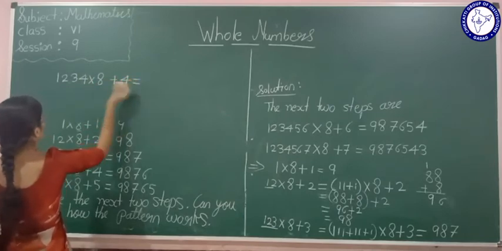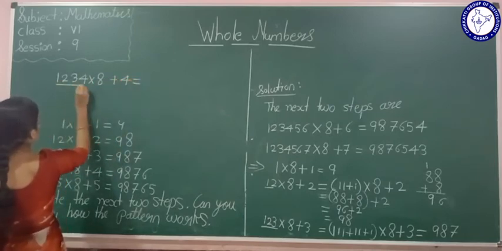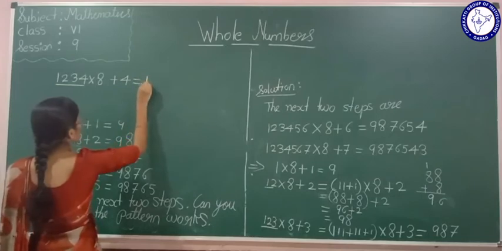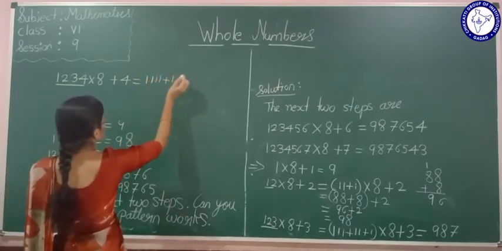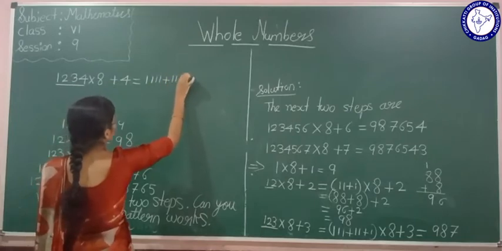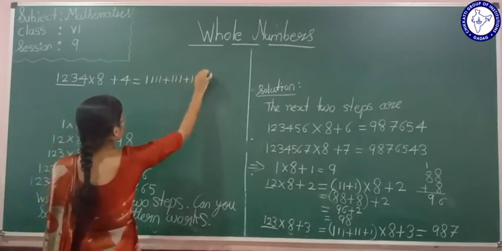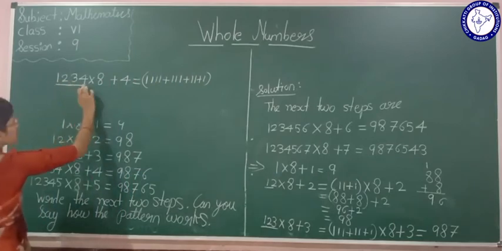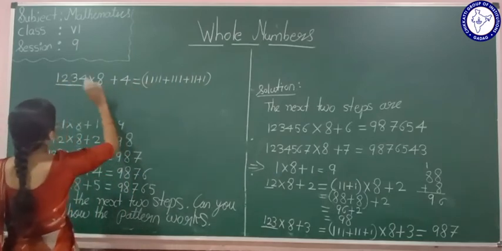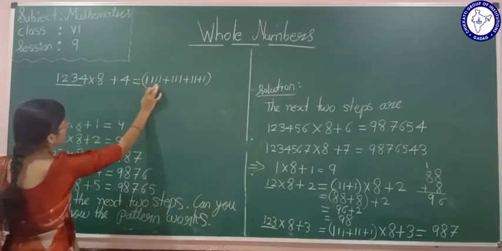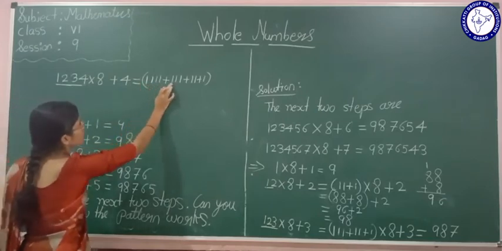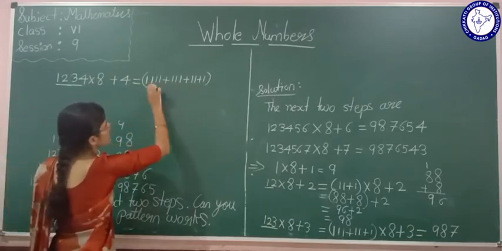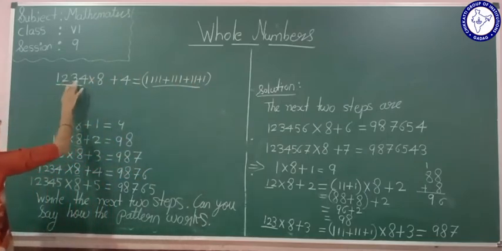This 1234 can be written as 1111 plus 111 plus 11 plus 1, which is nothing but 1234.